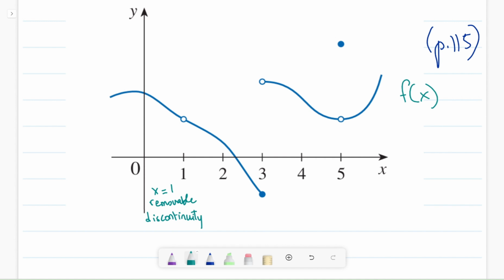Now, at x equals 3, we were at this point here, and then to continue drawing the graph, we jumped up to here. I said the word jump, so here we have a jump discontinuity. Now let's continue. At x equals 5, I had a point here that was removed and placed up there. So a point was removed, so we have a removable discontinuity.